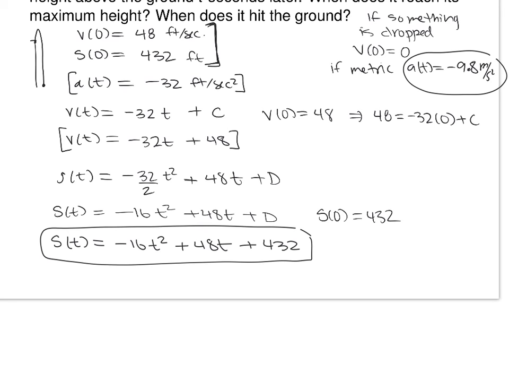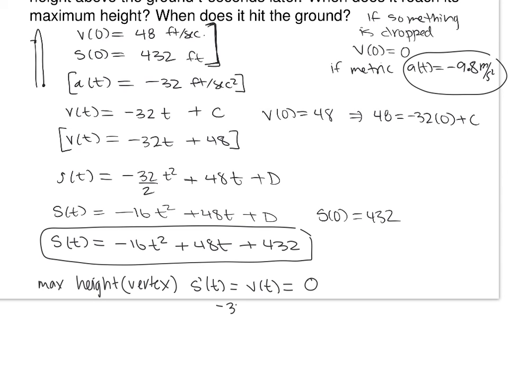The question has parts because they're mean like that. It also wants to figure out when the ball reaches its maximum height and when it hits the ground. So how would you figure out the max height? The vertex, which would be the same thing as solving s prime of t, which is the velocity, equal to 0.